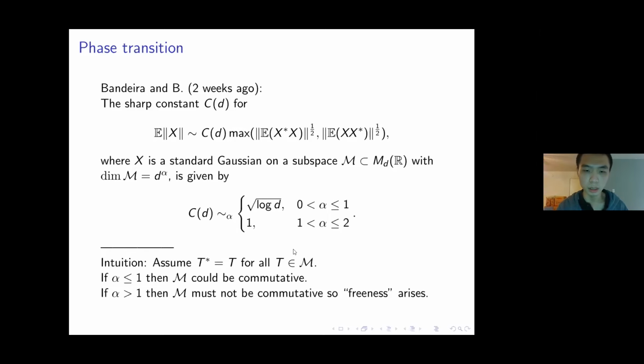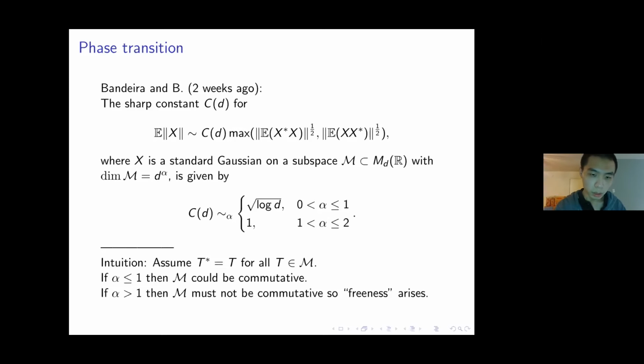Let's say this is a self-adjoint subspace, so this is a real subspace, and all the matrices in that subspace are self-adjoint. Then if alpha is less than or equal to 1, so if the dimension is less than or equal to d, it's possible that this is a commutative subspace. For instance, the space of all diagonal matrices, that's commutative.